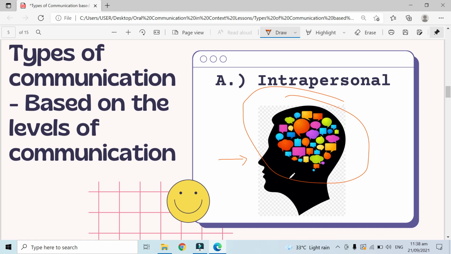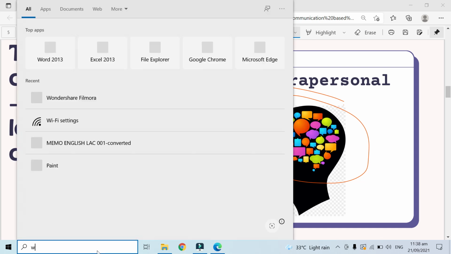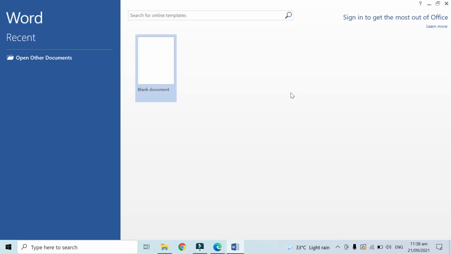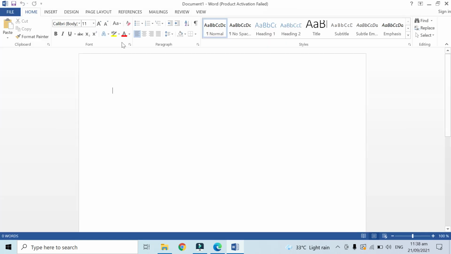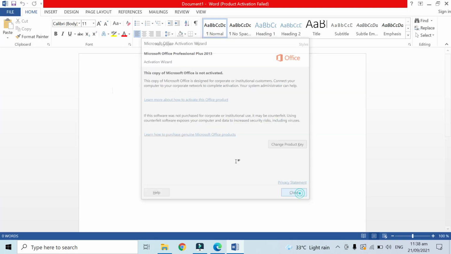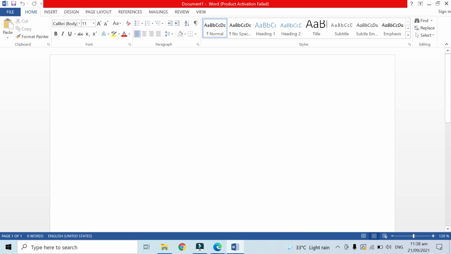An example that I can give, we can have in a context. What particular context can we give as an example for intrapersonal communication is when you are taking an examination, and of course, number one, you are thinking.